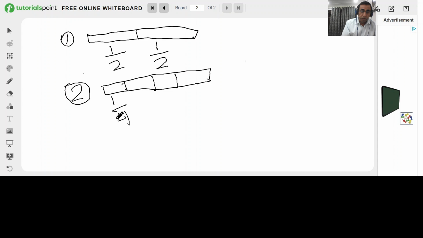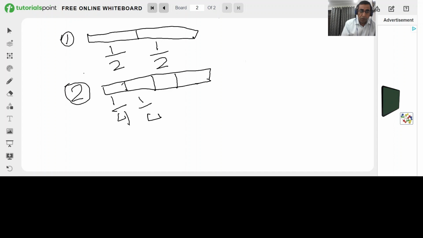So its numerator will be 1, meaning each part, and the denominator will be 4. That means that it has been divided into four parts. So each part will be 1/4.